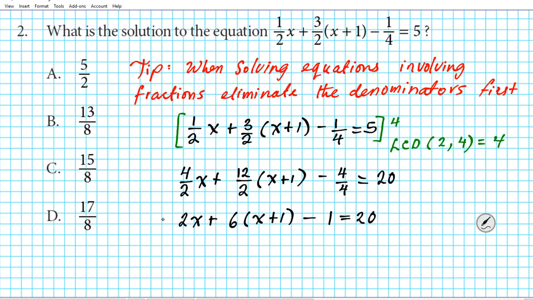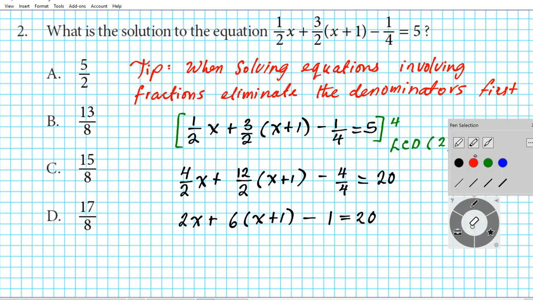Now compare this equation with the original equation. Which one would you rather deal with? It's easy to see that the equation without the fractions is easier on the eyes and is also easier to solve. Okay? So now that we've rewritten the problem in a simpler format, let's go ahead and solve it.